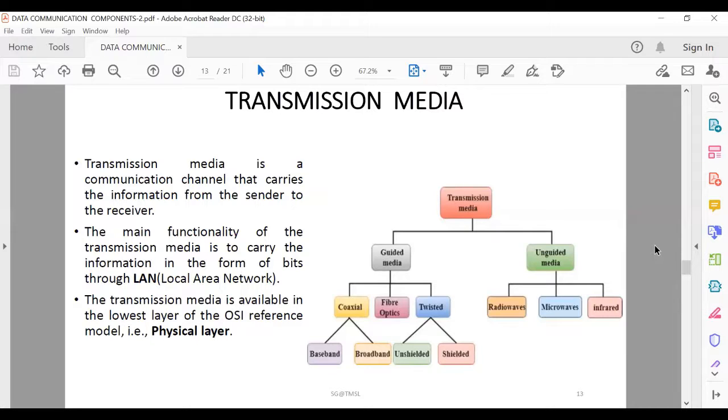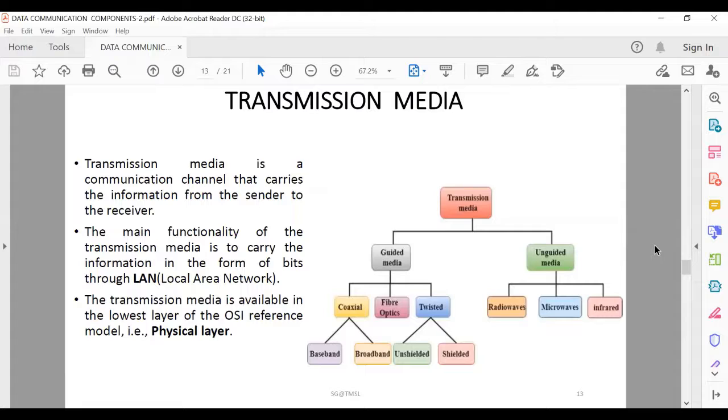In the OSI model, the transmission media supports layer 1, and therefore it is considered a layer 1 component, and that is the physical layer. The electrical signals can be sent through the copper wire, through the fiber optics, or through wireless, like atmosphere or vacuum.